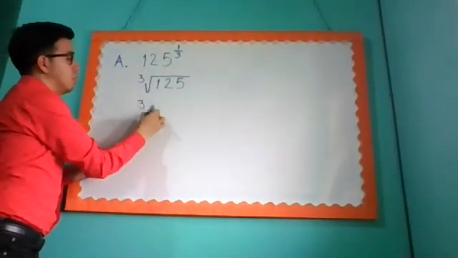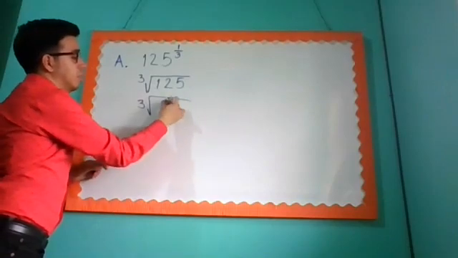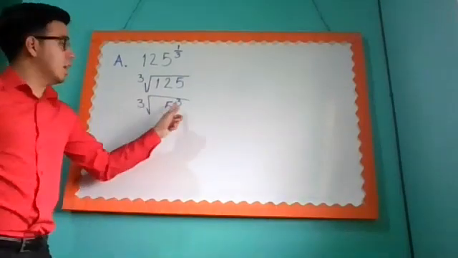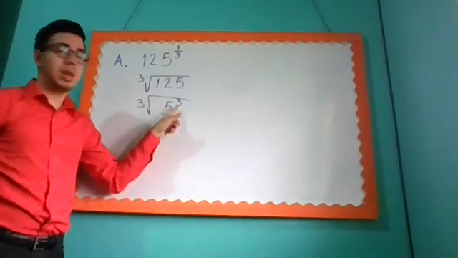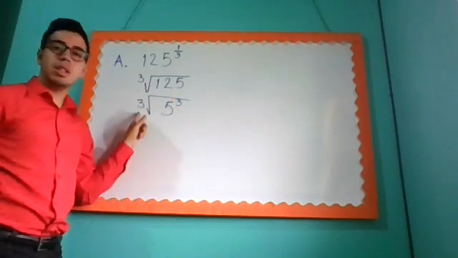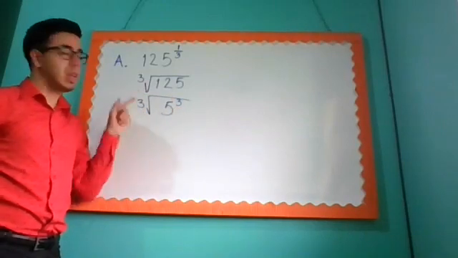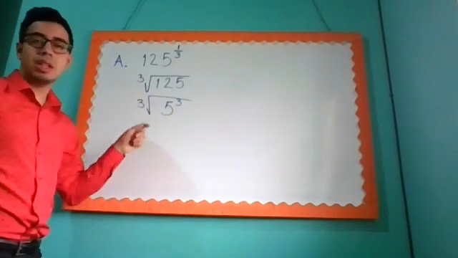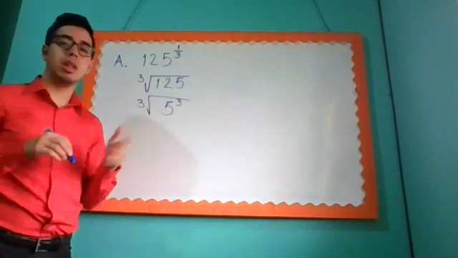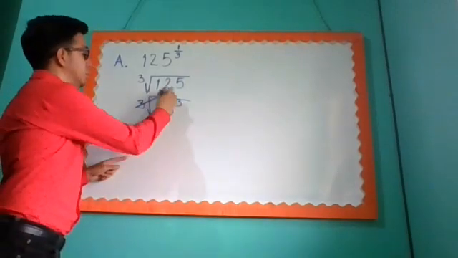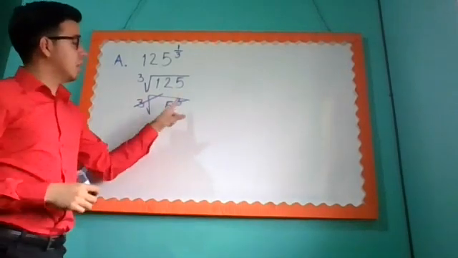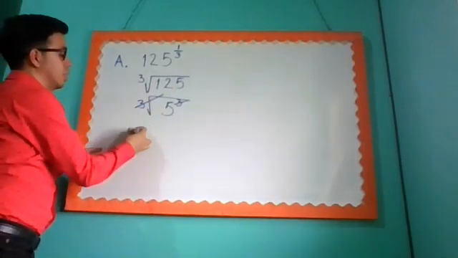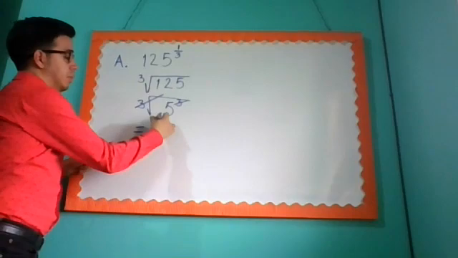So, the cube root of 5 to the power of 3. The exponent is the same as the index of the root, so we can eliminate them. We eliminate the exponent with the index of the root, so the answer for this one is 5.